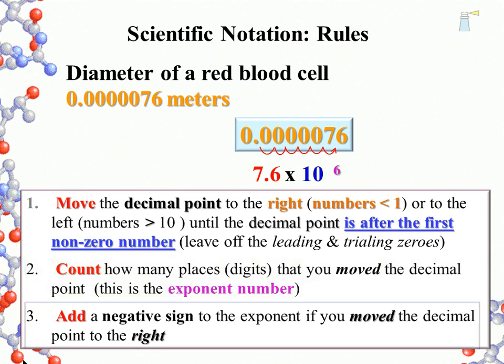And finally, we check to see if we need a negative sign on our exponent. Did we move the decimal to the right? Yes, we did. So we will need to add a negative sign before the 6. Therefore, 0.00000076 meters is equal to 7.6 times 10 to the minus 6.